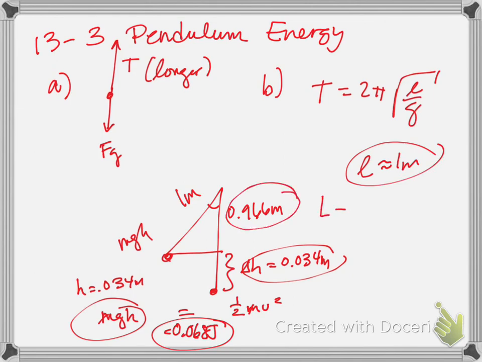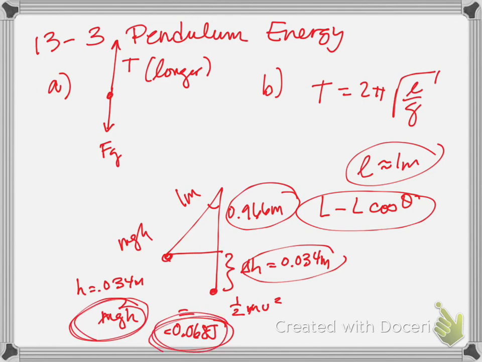It's L minus L cosine theta, if you remember how I did that before. If not, let me know. And then once we find this delta h, we use mg delta h to find the maximum gravitational potential energy, and then we just make that equal to the kinetic energy. So I know I circled a lot of things there, but 2 points there.